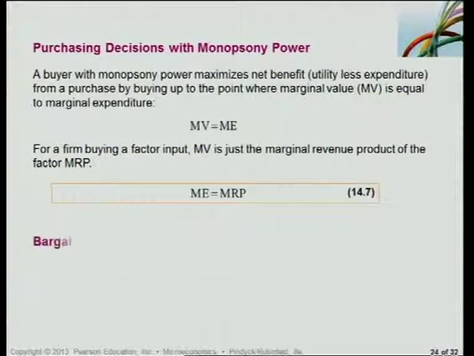And then also what is important is when will the monopsonist, or the firm in that market, maximize net benefit. They will employ more labour until the marginal value is equal to the marginal expenditure. Or in a labour market setup, in a factor market, if MV is equal to ME, then ME is also equal to MRP.